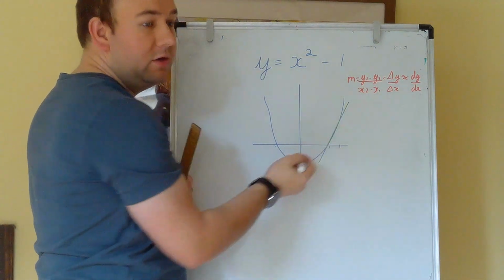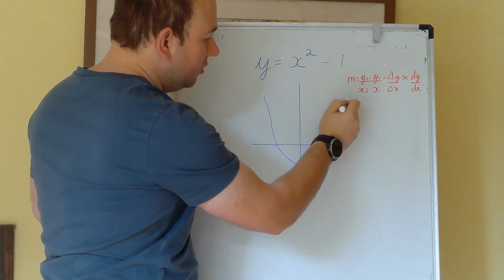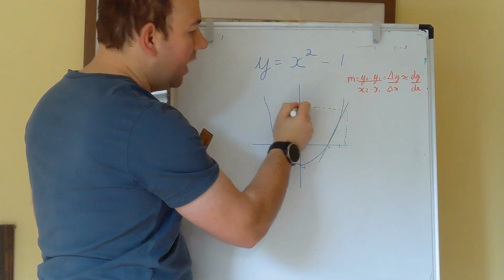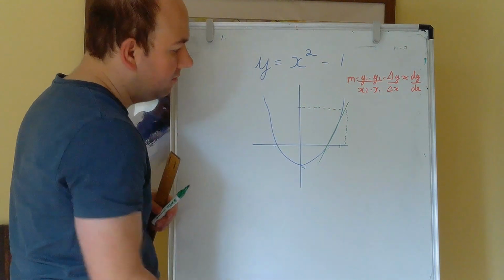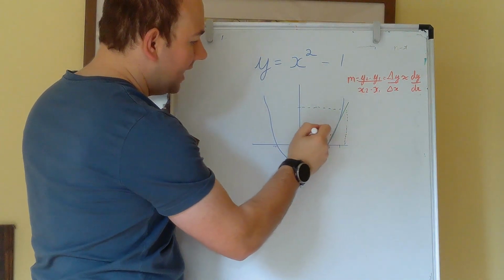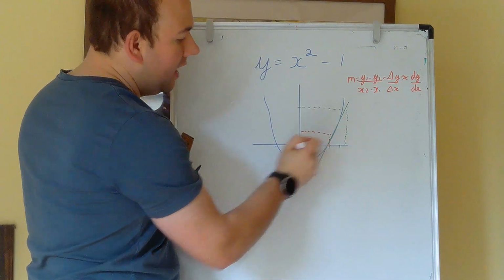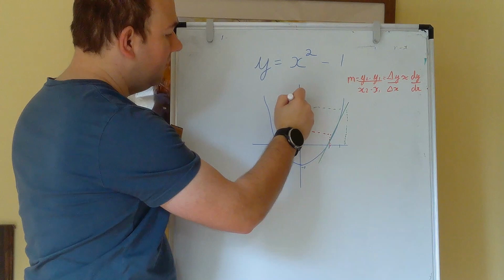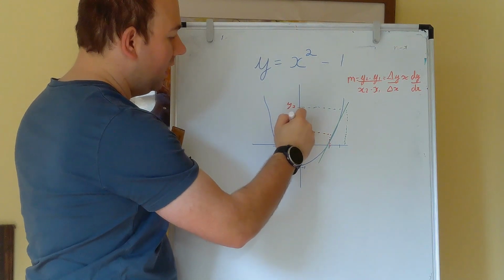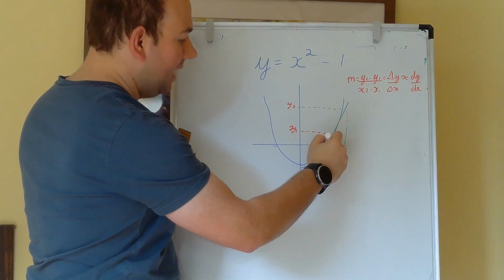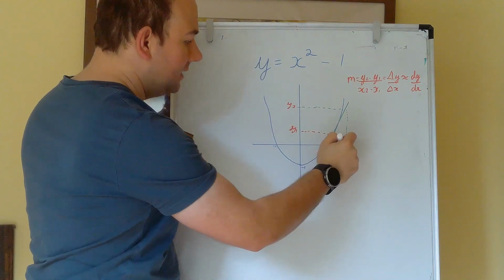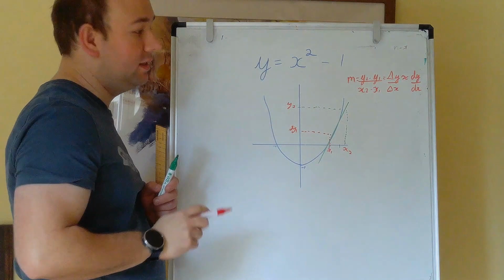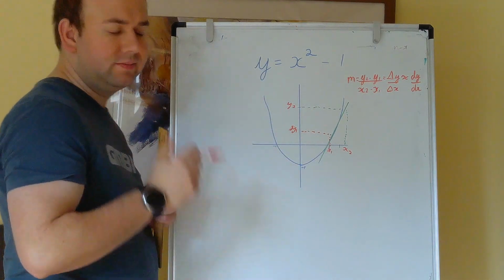You read down to your x-axis, along to your y-axis at one point, and then you also go to your tangent line somewhere else and measure it there. So now you have your y2 value here, your y1 value here, x1 is there, and x2 is there. You can now apply this to the formula and find your gradient.